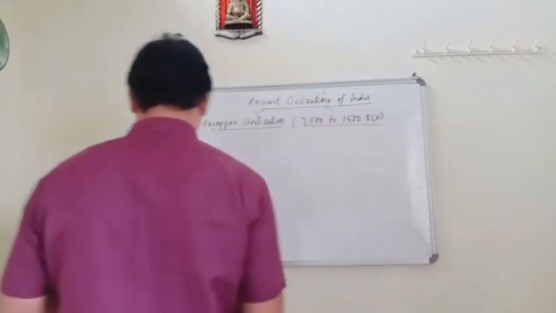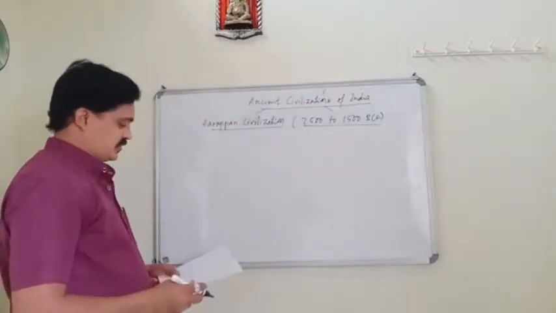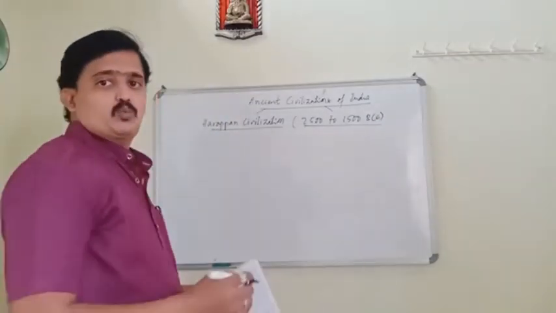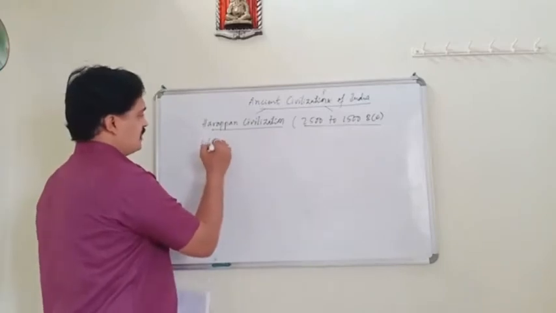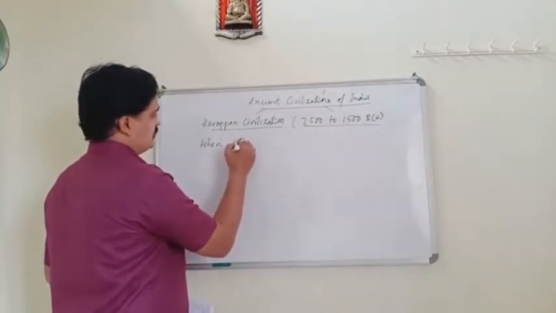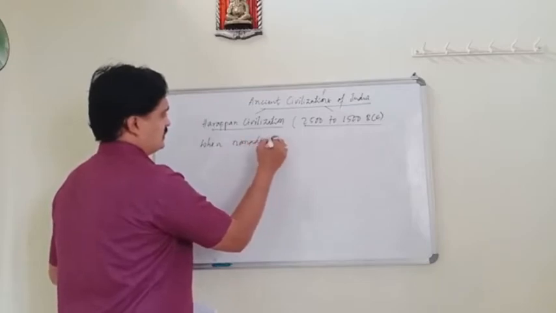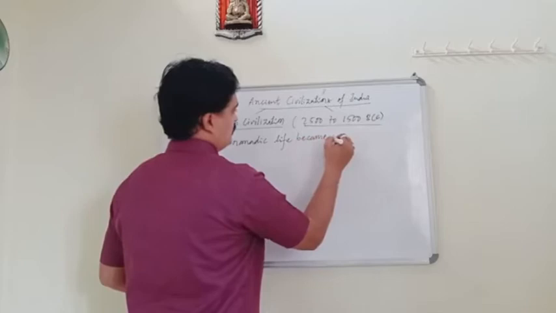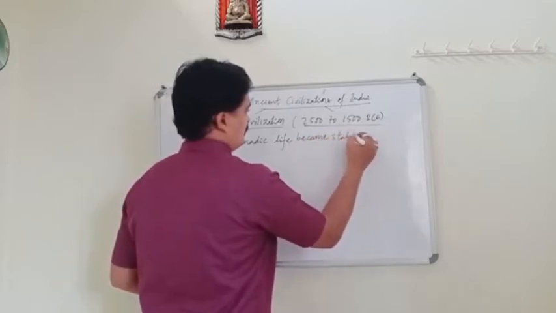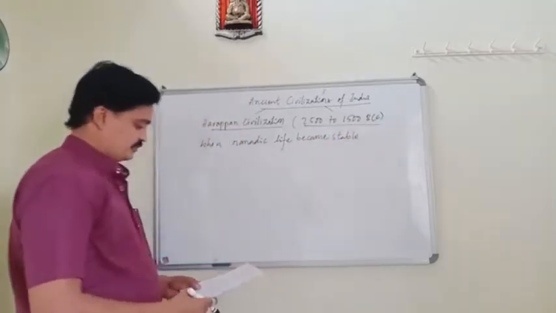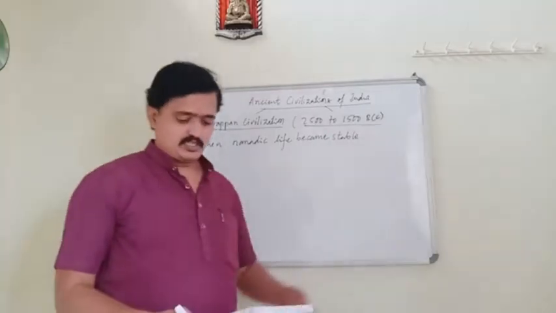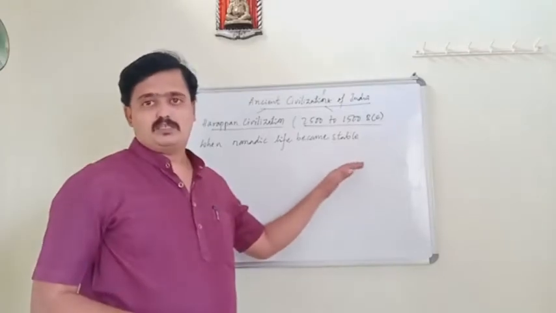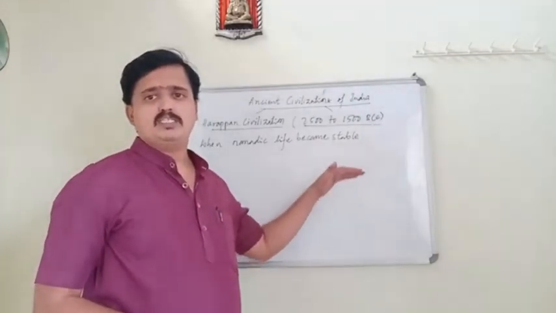In this Harappan civilization, the nomadic life became stable. How did the people become stable in one place?